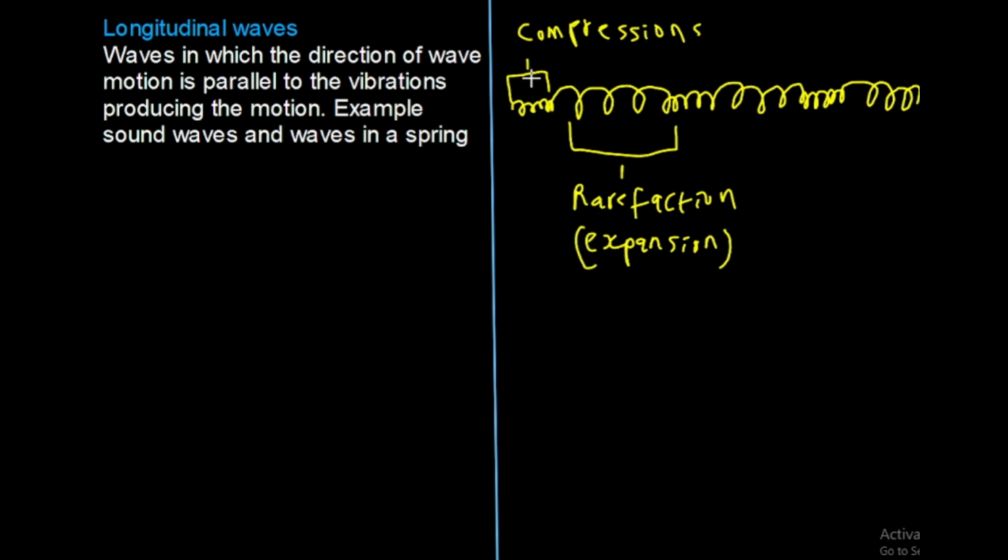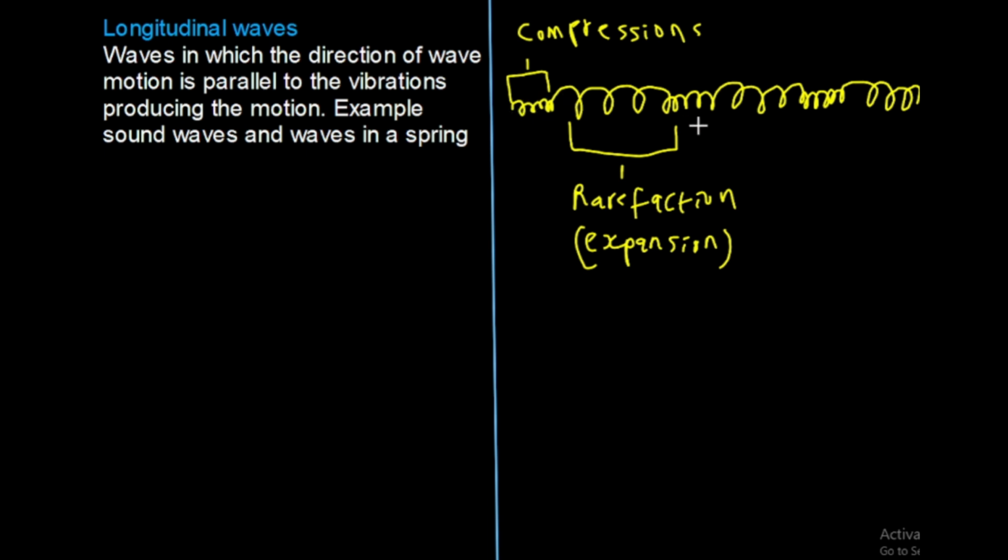So in a longitudinal wave, we see adjacent compressions and rarefactions. Immediately after the first compression, the next one is a rarefaction, and then a compression, rarefaction, compression, rarefaction, like that. So this is what a longitudinal wave looks like.